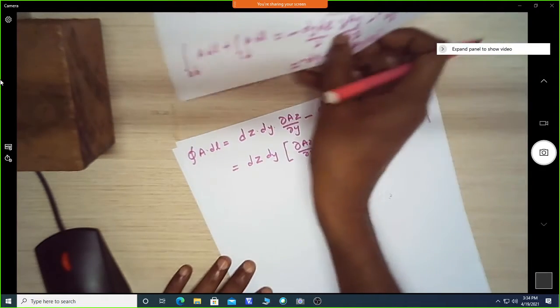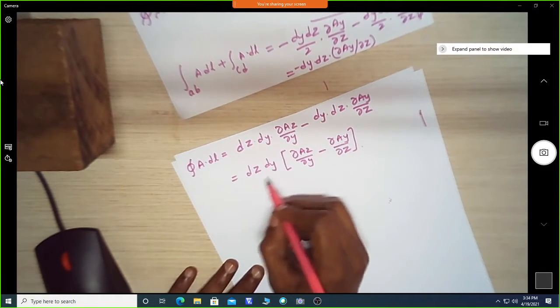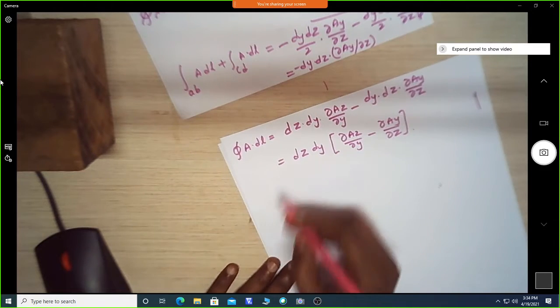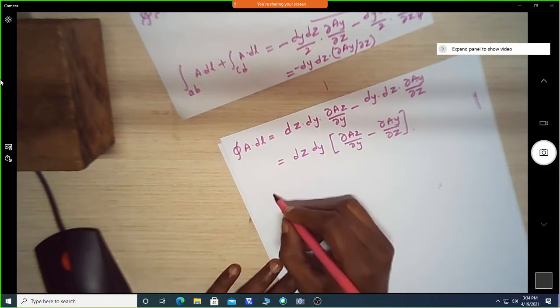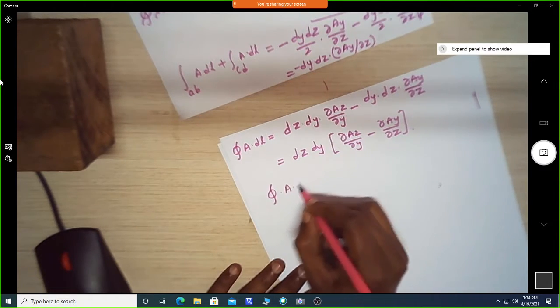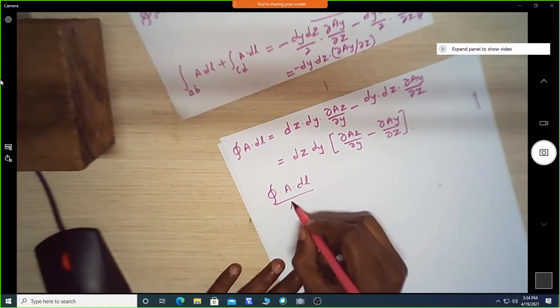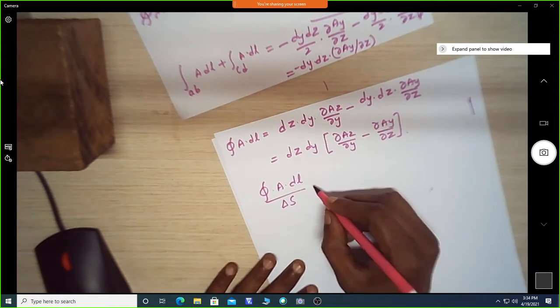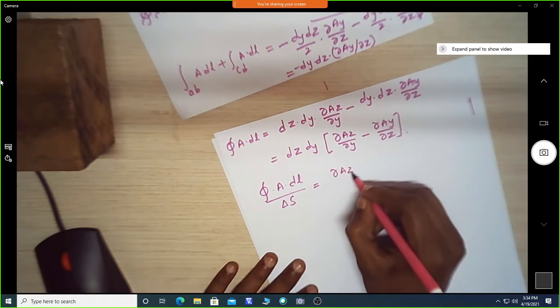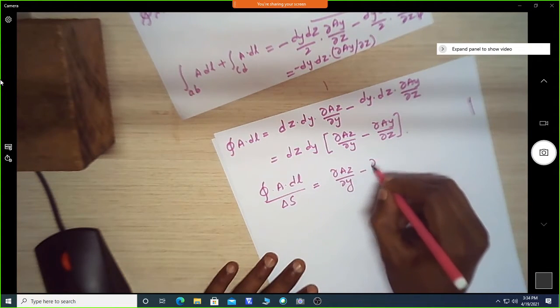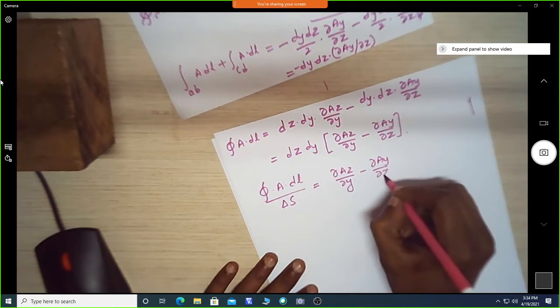So we can write the differential surface area, and taking it to the left side, we write A dot dl divided by del S, which is nothing but del Az by del y minus del Ay by del z.